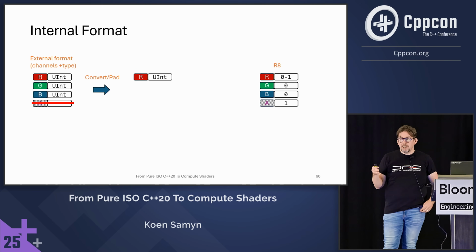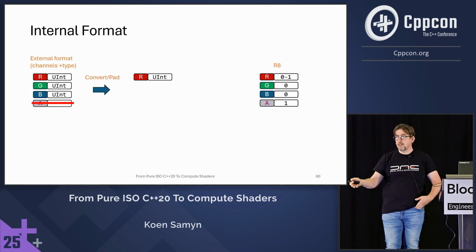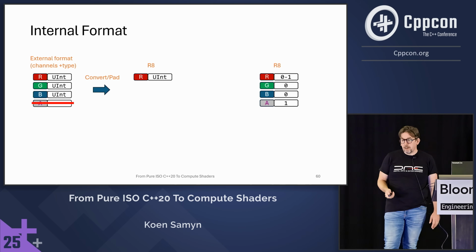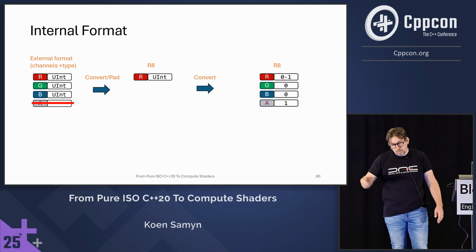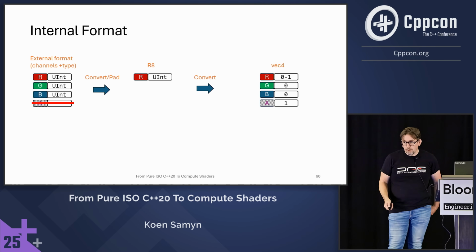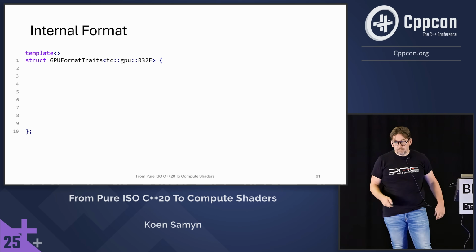If you listen to the keynote talk this morning, even though it stores it in this way and you will need an extra conversion, it's still worth it because you have only 1/16 of the data that you would need if you stored it with 4 floats, for example. So the conversion is practically a blip on the performance. And also, it's a vec4 that I return.